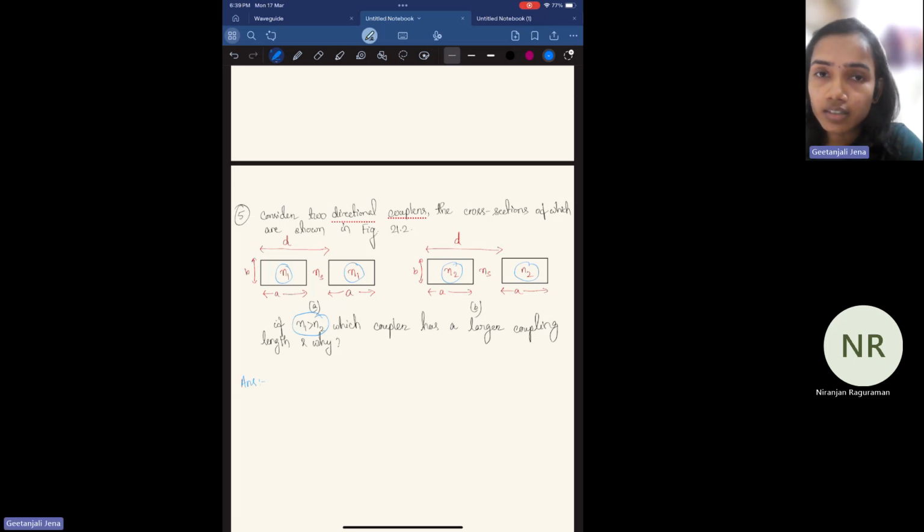So to give you a hint, just relate the coupling length with the refractive index, how they are related. Then you can easily guess which one of the directional couplers has larger coupling length.